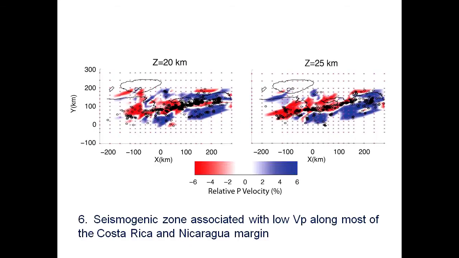All right, but the big feature we see is these are depth slices at 20 to 25 kilometers depth. Basically, this is the plate interface seismicity, and it seems to be associated with this low VP and low VPVS region. Now this is different than just serpentinizing something. If you serpentinize peridotite, you reduce VP, but you're adding lots of fluids, so you actually reduce S-wave velocity faster.